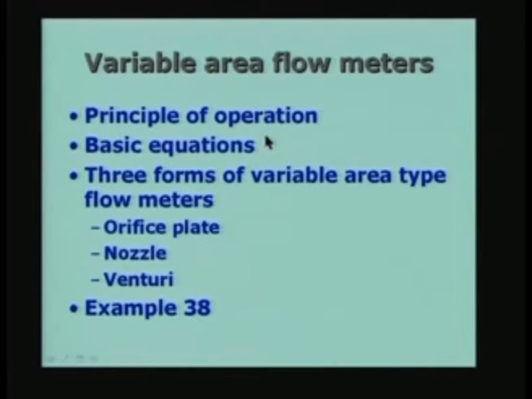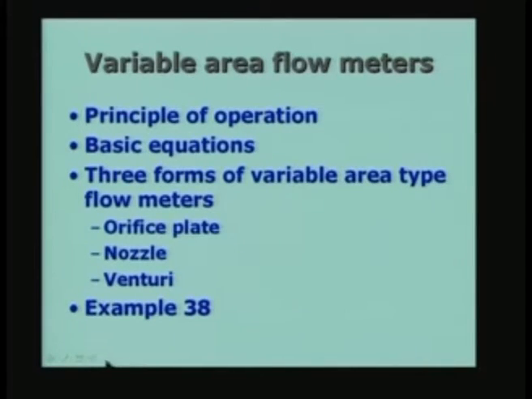So we will look at the basic equations which describe the variable area flow meters, and then we will discuss three types of variable area flow meters which are normally employed: the orifice plate, the nozzle and the venturi. And of course we will round off the treatment, if time permits, in this lecture with example number 38, which will discuss a problem involving these three devices.